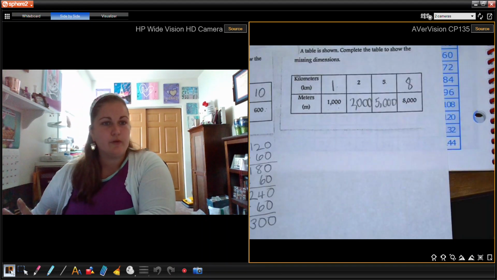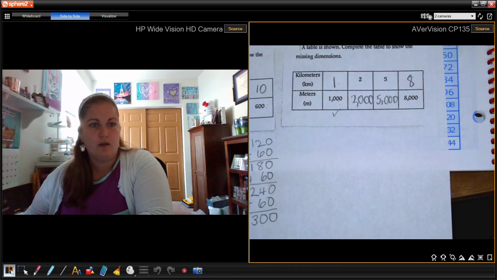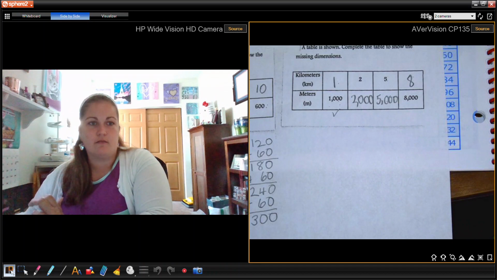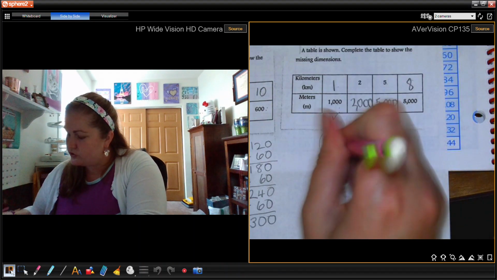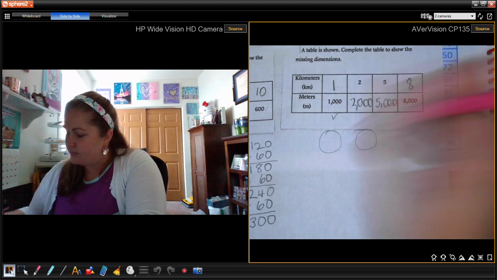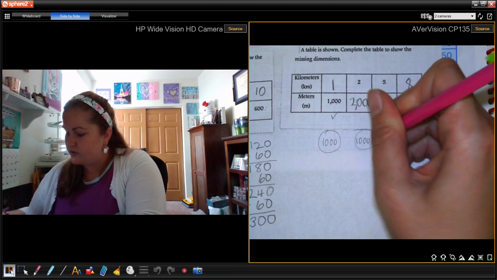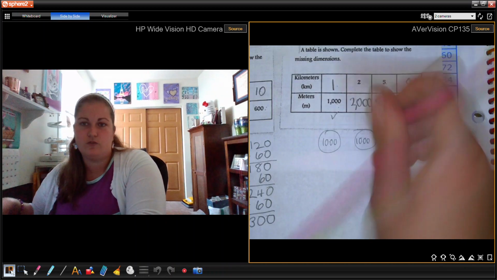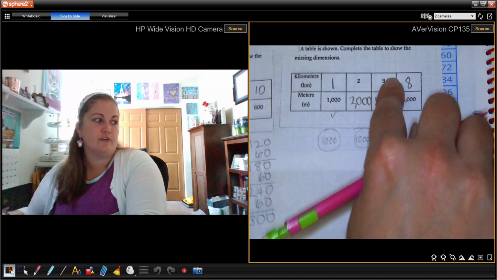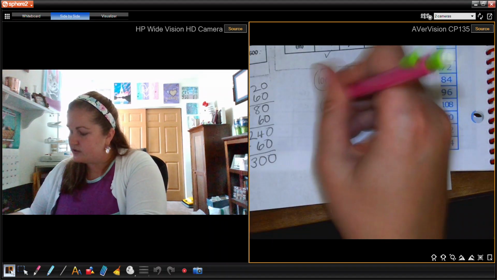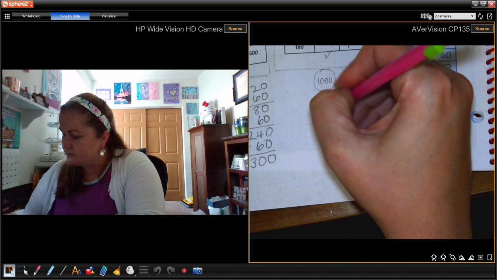So if you need help on how to do this, the first one is just using that information from the reference sheet. This one, you know, if you got 2 kilometers, and both of them are 1,000, so then 1,000 here and 1,000 here gives you 2,000. The same thing, if you got 5 kilometers, you would give yourself 5 circles, 1 for each kilometer, and then these are all 1,000.